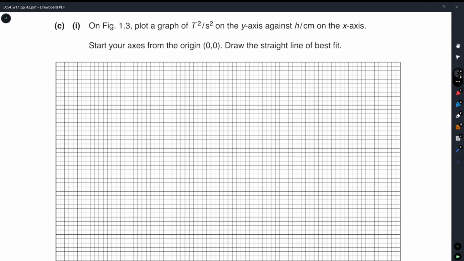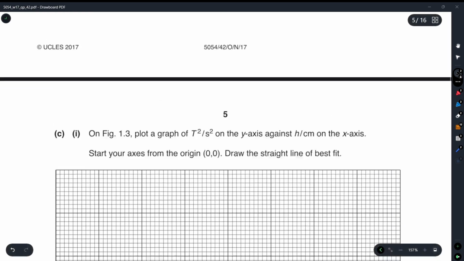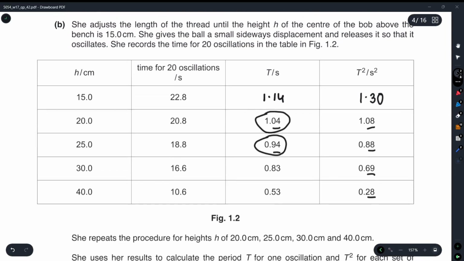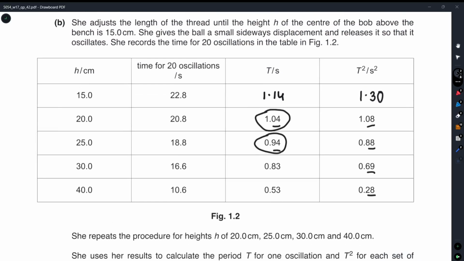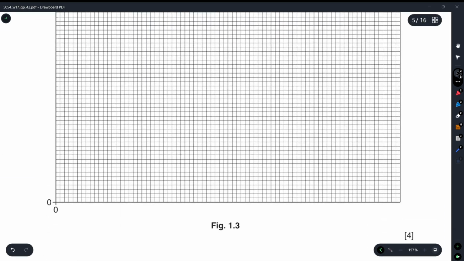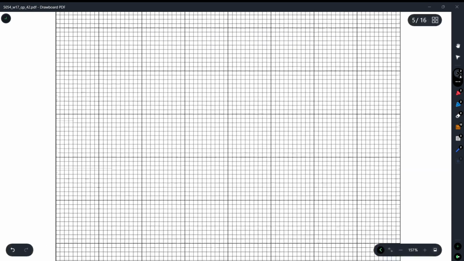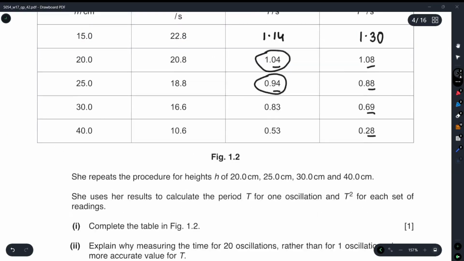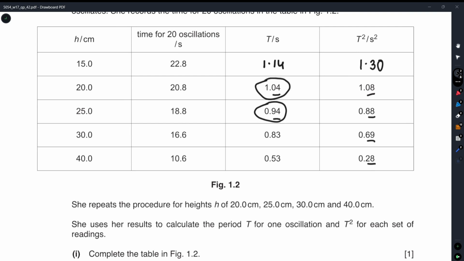Figure graph, plot t square on the y-axis, h on the x-axis. All right, so I'm gonna have to... h जो है वो 15 20 25 30 40. h, so h कहाँ से लेके कहाँ तक प्लॉट करना है? 0 से लेके 40 तक प्लॉट करना है.